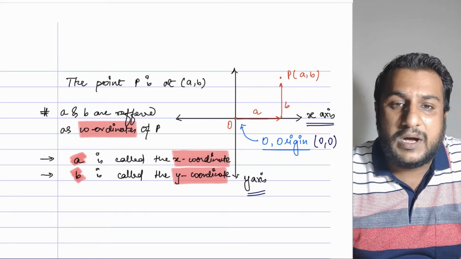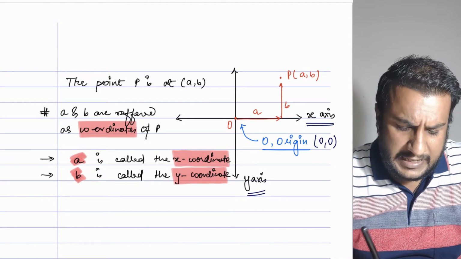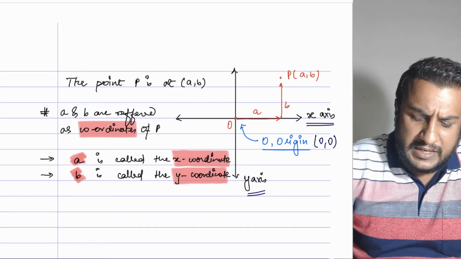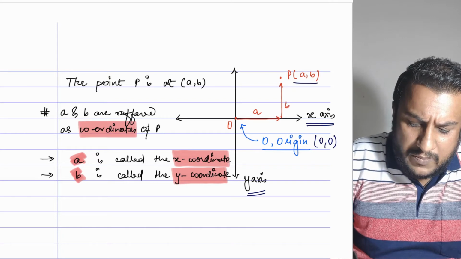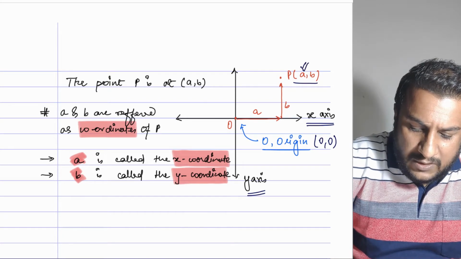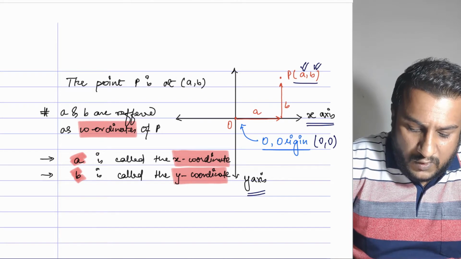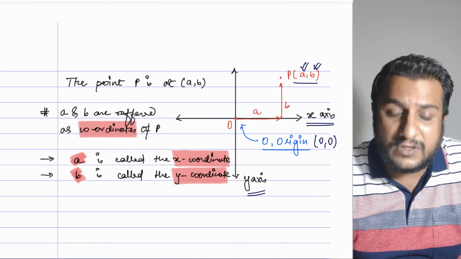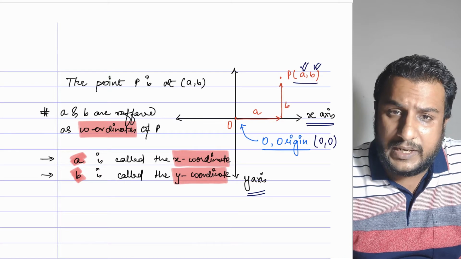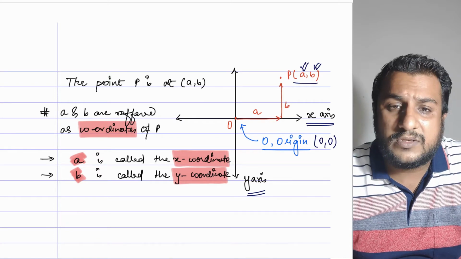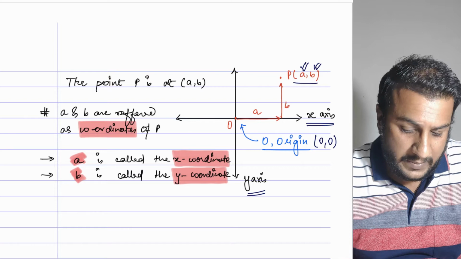Now suppose I am marking a point P in this plane, which is (a, b). A is your horizontal step and B is your vertical step. A is also known as the x coordinate of the point P, and B is known as the y coordinate of the point P.